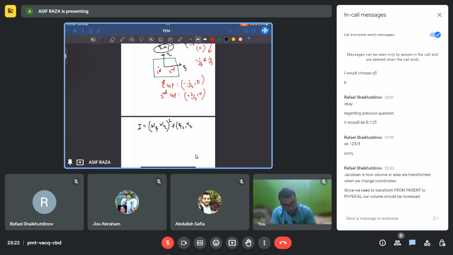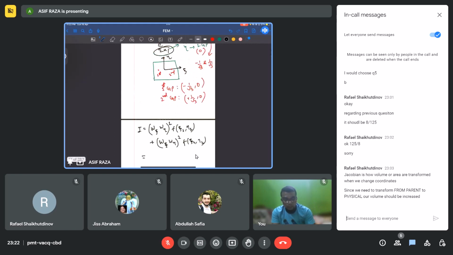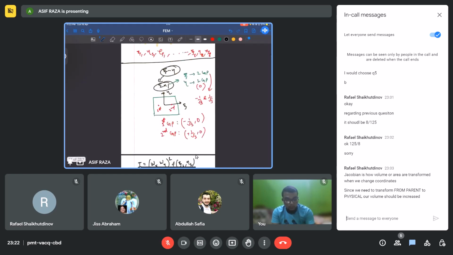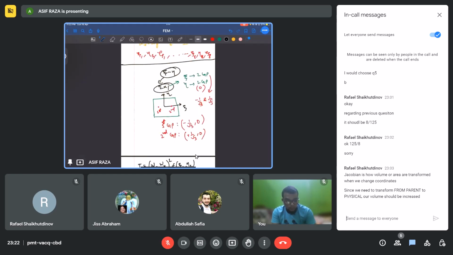Then we add the second Gauss point, xi 2, eta 2, and you already know that for a 2 Gauss point rule the weights are 1 and 1.